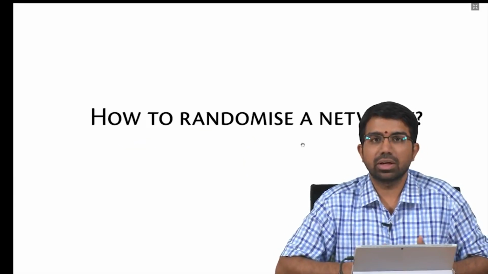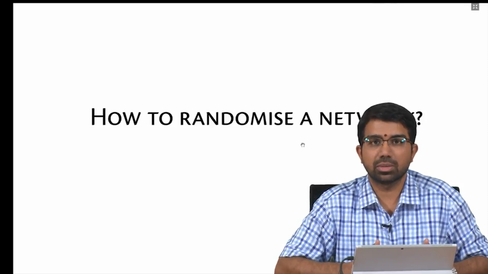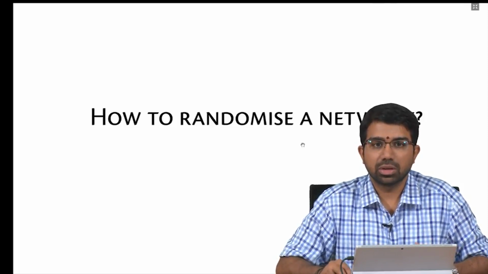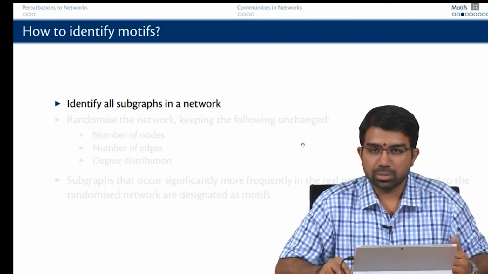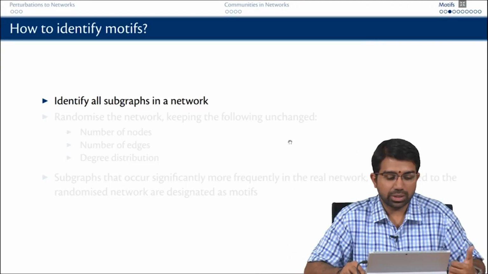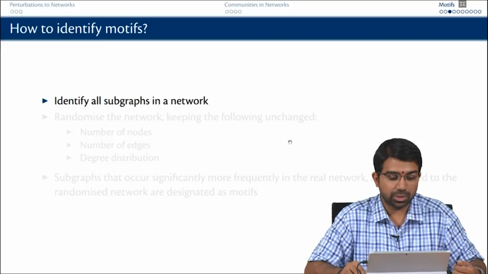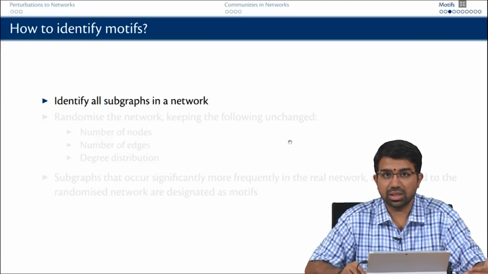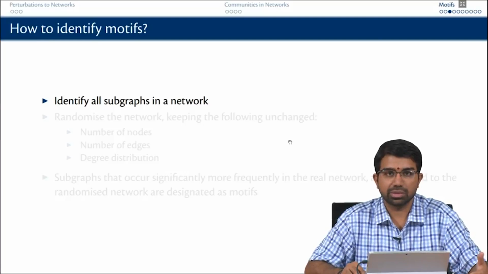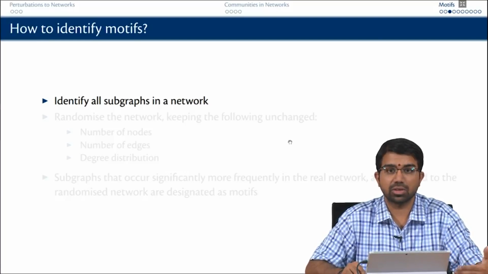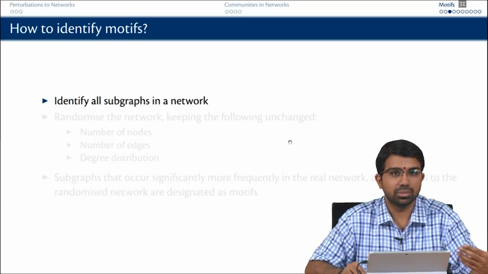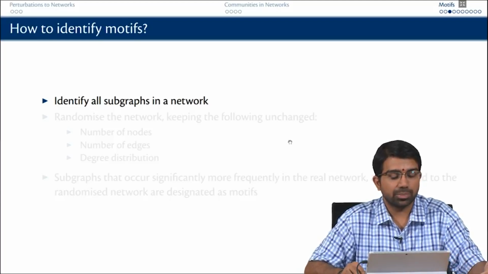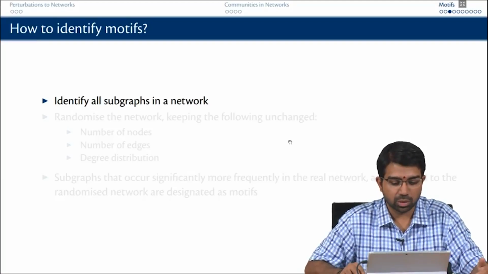So, last time we were looking at how we need to randomize a network, what are the methods that we would use to randomize a network, and what are the things you would keep constant. So, to identify motifs, one needs to identify all the subgraphs in the network, and you need to identify the statistically significantly overrepresented subgraphs. For this, you need multiple realizations of the original network, multiple random, what one calls bootstrapped variations of the original network.